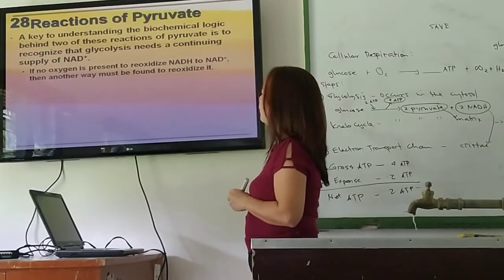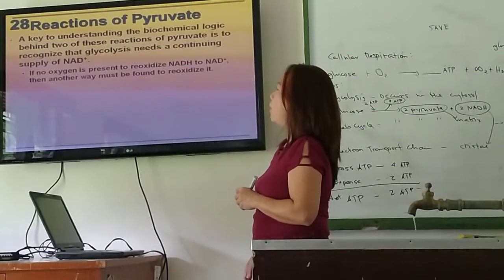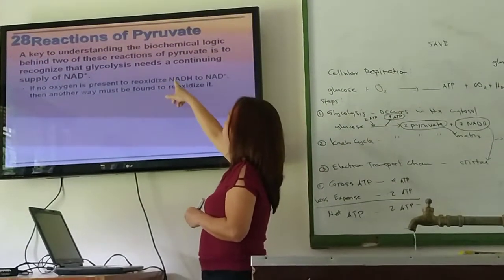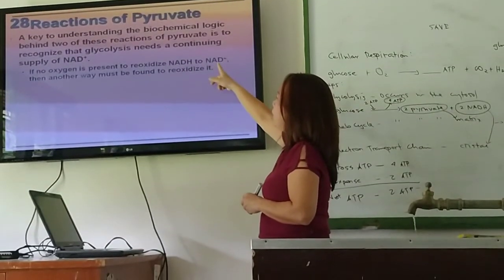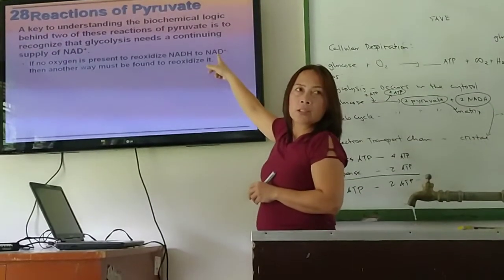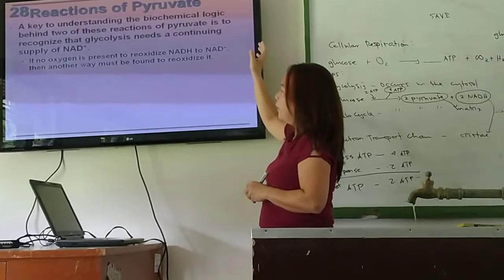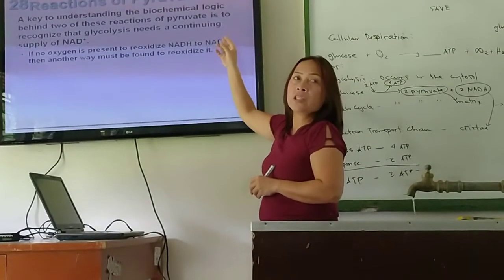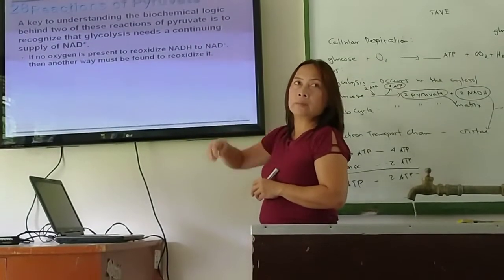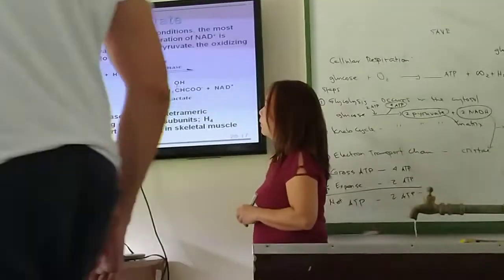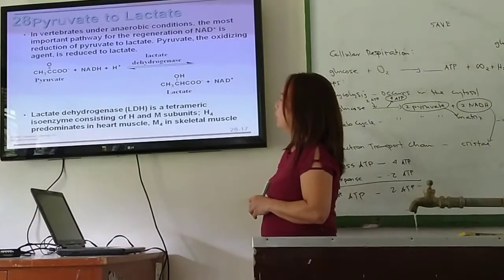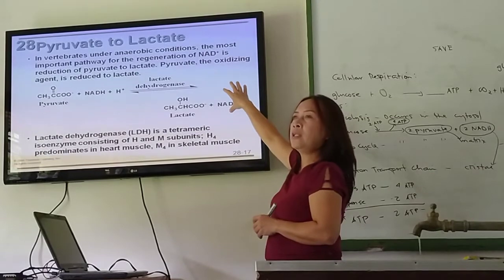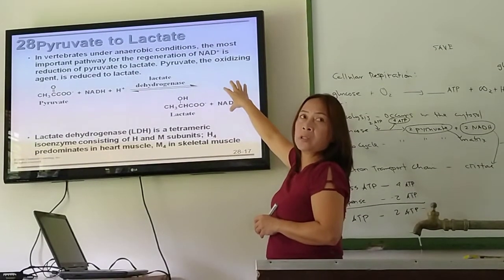Okay? So, if there is no oxygen, the NADH must be converted into NAD. Another way must be found to reoxidize it. So, NADH is converted into NAD. This is what happens in vertebrates when the organism undergoes strenuous activities.